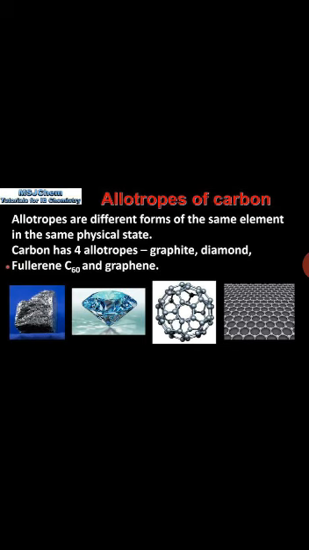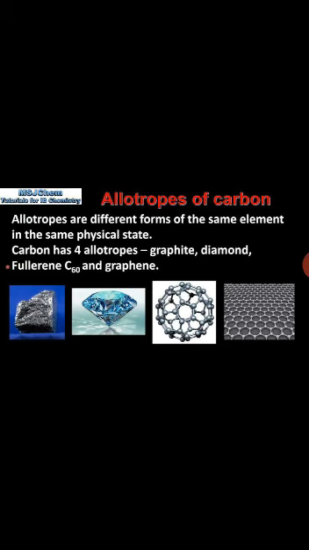In simple words, if an element is found in nature in two or more different arrangements of its atoms, these different forms of the same element are called allotropes.